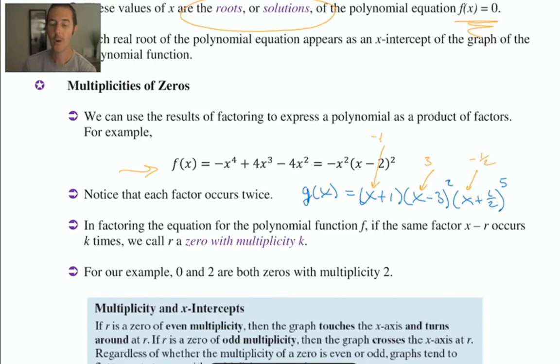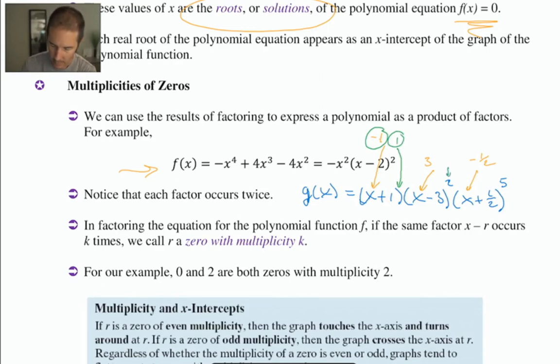Now, what is the multiplicity of each of those zeros? The multiplicity is determined by the exponent on the factor from which the 0 came. In other words, if we just look at the image here, this is an exponent of 1 right here. So the multiplicity of this 0 is 1.